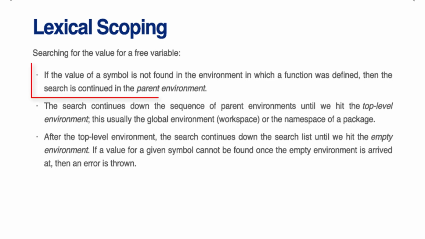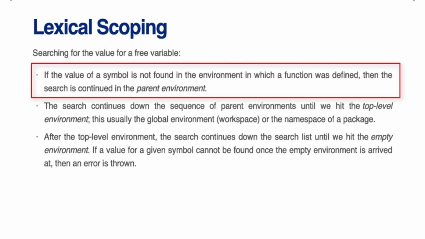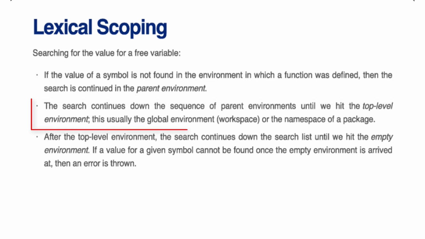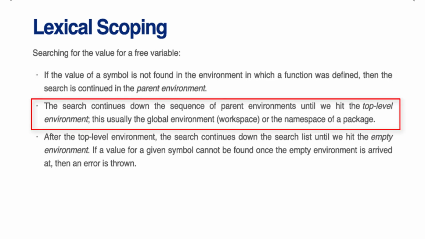If I can't find something in the global environment, then the search continues in what's called the parent environment of the global environment. And so what happens in the usual case, if I define a function in the global environment, is that its parent environment is the next thing down on the search list. So you just go down the search list until you eventually find the value for this free variable.